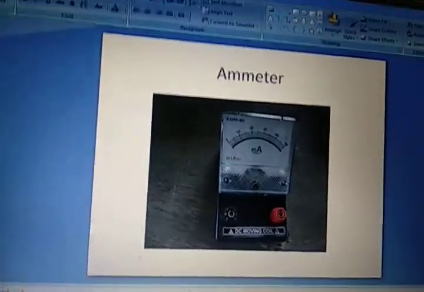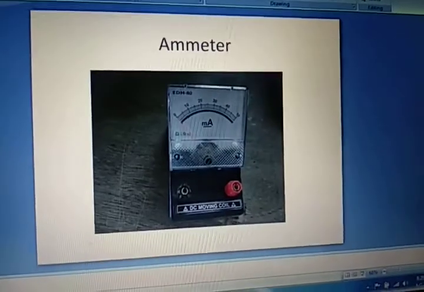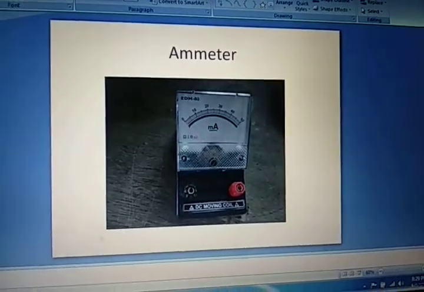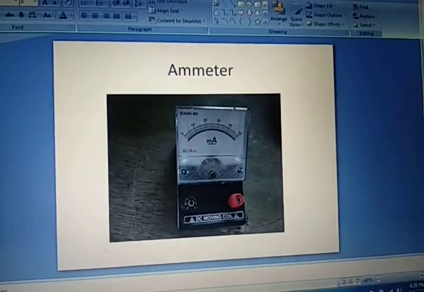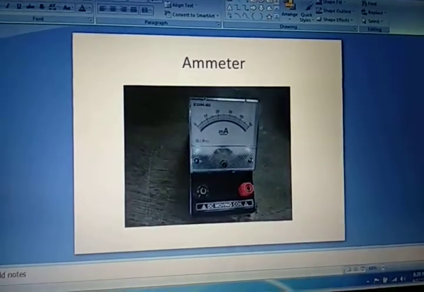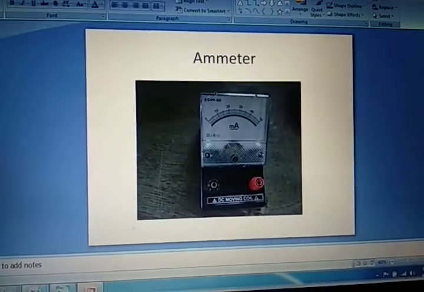Next one is our ammeter. An ammeter is another device which is used to measure current. Again, ammeters are of two types, for AC measuring and for DC measuring. Depending upon the range of the value, there are different types of ammeters.